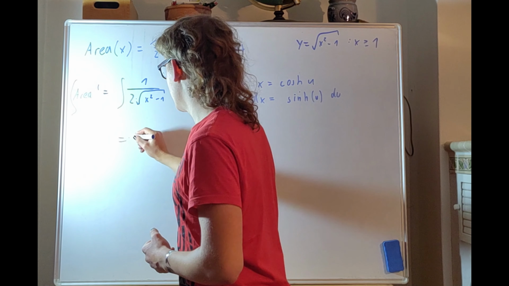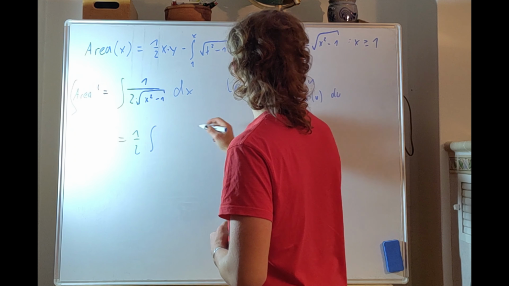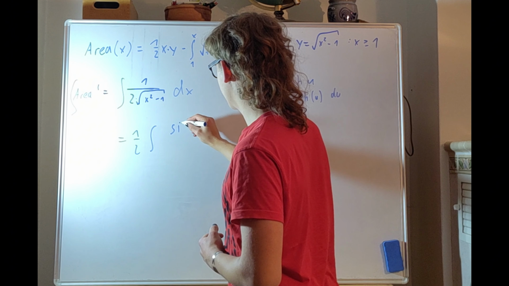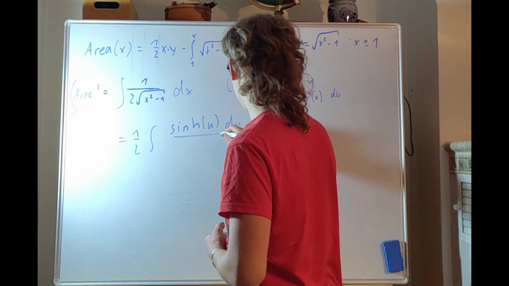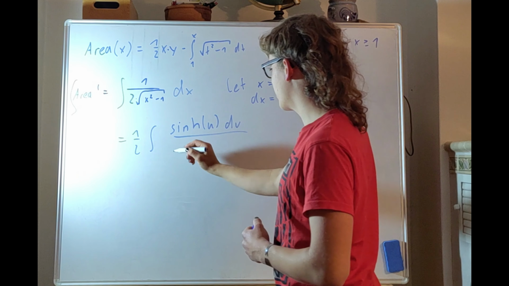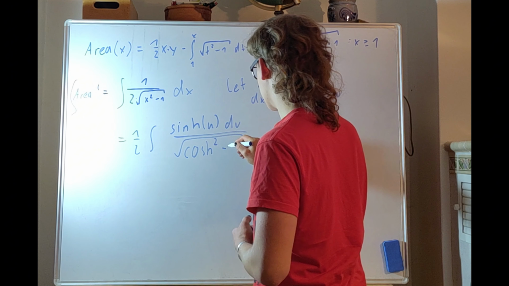So we have that this will be equal to, pull the 1/2 out, integral of, let's see, sinh u on the top, du, and on the bottom we have square root of cosh squared u minus 1.